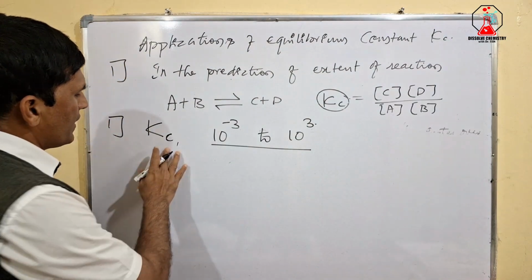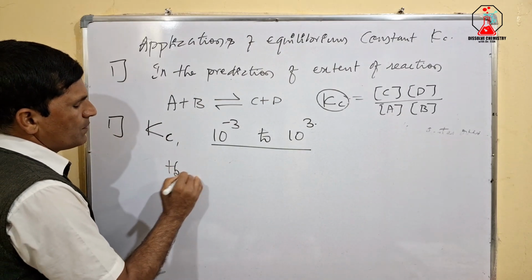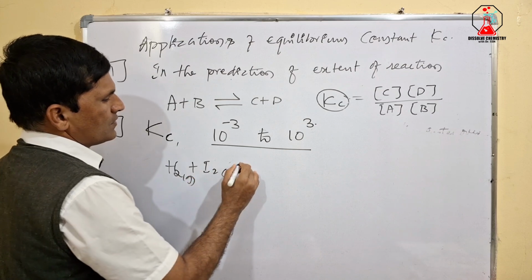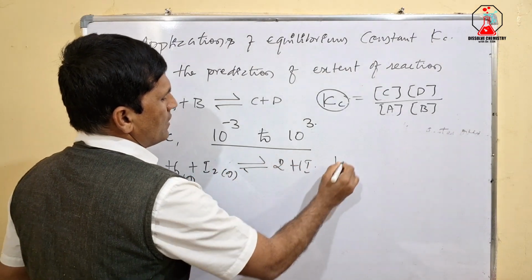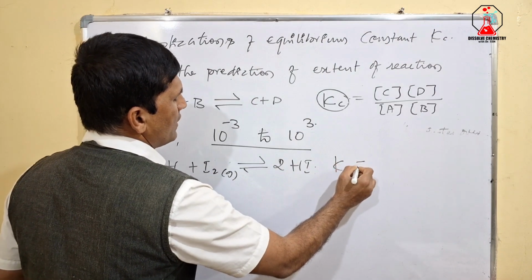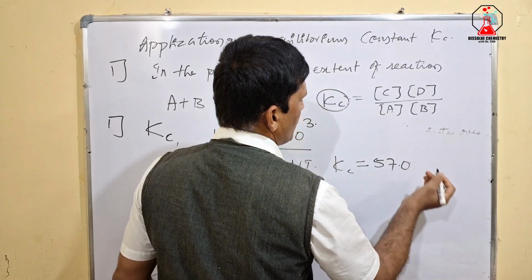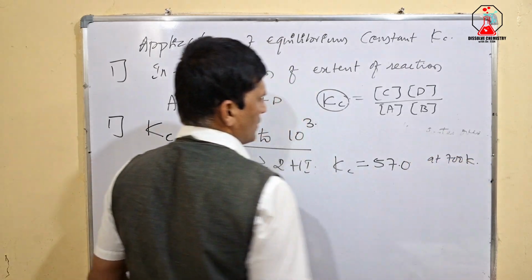For example, you can take the combination of H2 plus I2 reversibly to give 2HI. The equilibrium constant Kc value is 57.0 at 700 Kelvin temperature.